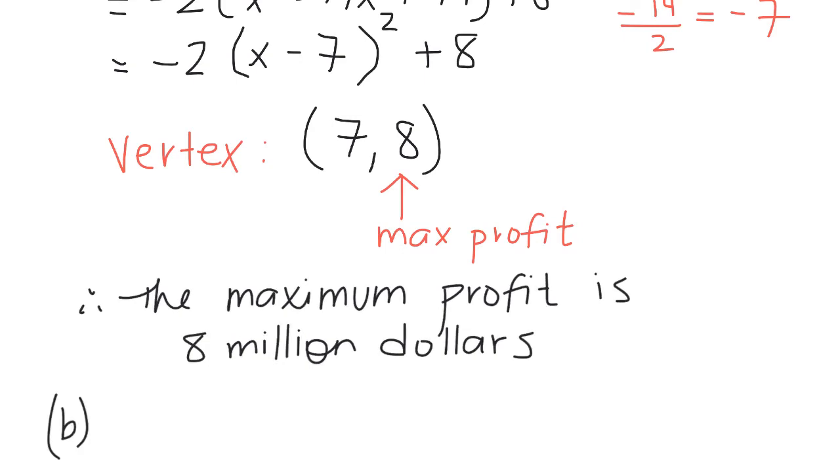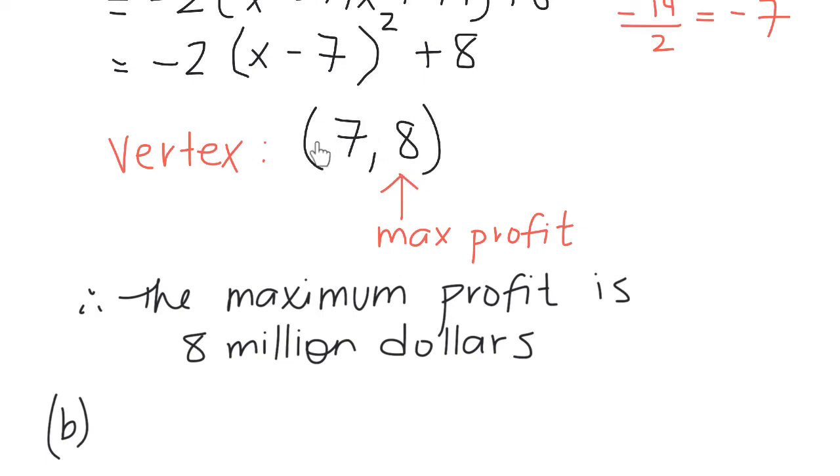Part B of the question asks us, how many games must it produce to earn this profit? So this answer is going to come from the first half of our vertex. And the first part of the vertex was a value of 7. This value represents the number of games that can be produced at the maximum profit. So we know our maximum profit is $8 million.